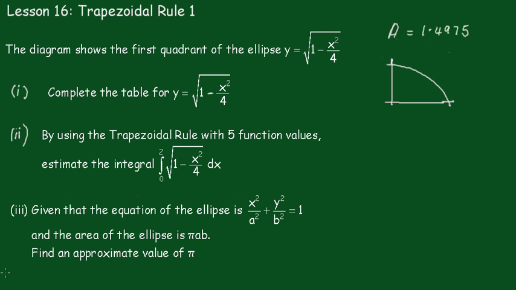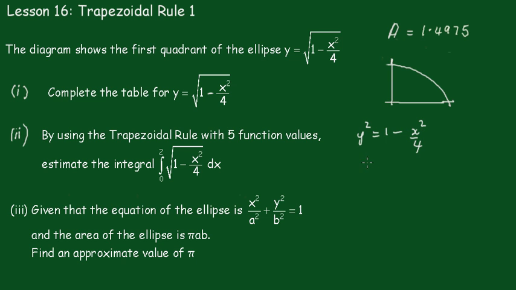Now in part 3, given that the equation of the ellipse is x squared on a squared plus y squared on b squared equals 1, and the area of the ellipse is pi times ab, find an approximate value of pi. First of all, we have to take this equation and rearrange it. So we square both sides and get y squared equals 1 minus x squared on 4.